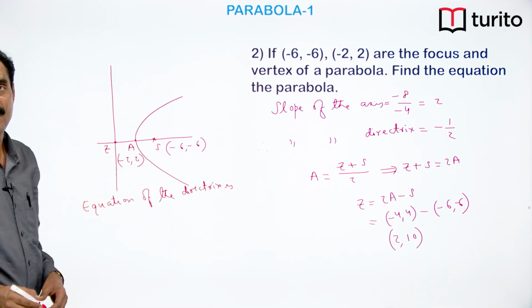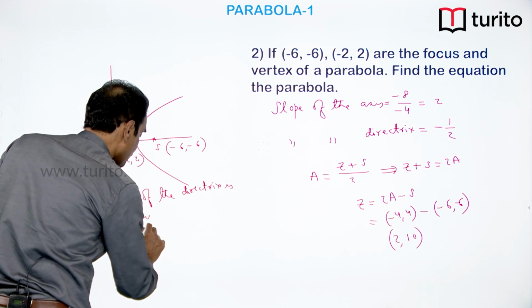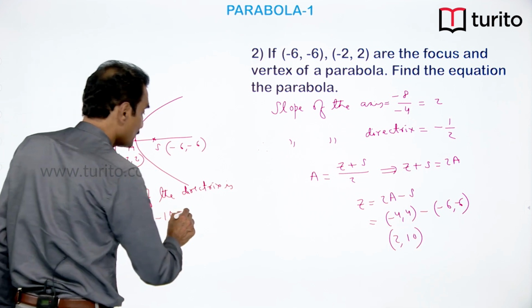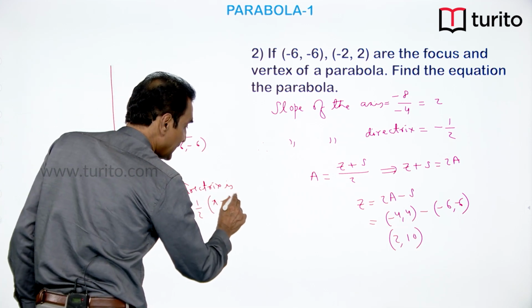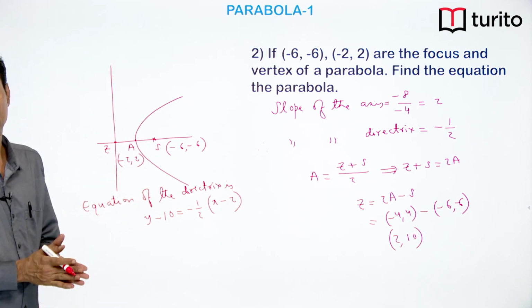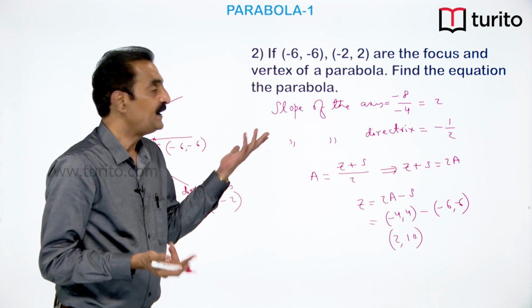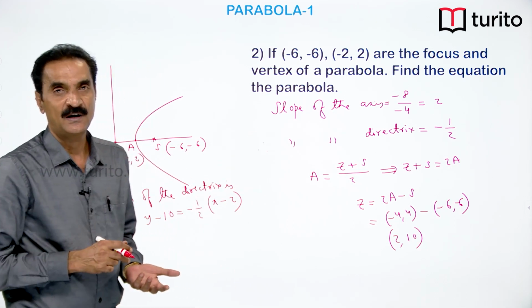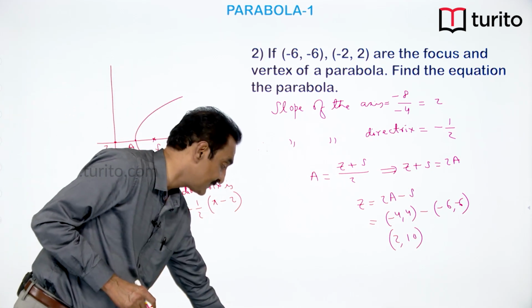Equation of the directrix is y - 10 = (-1/2)(x - 2), simplified. After getting the equation of the directrix, finding the equation of the parabola is the same as the previous question. You try and finish it.